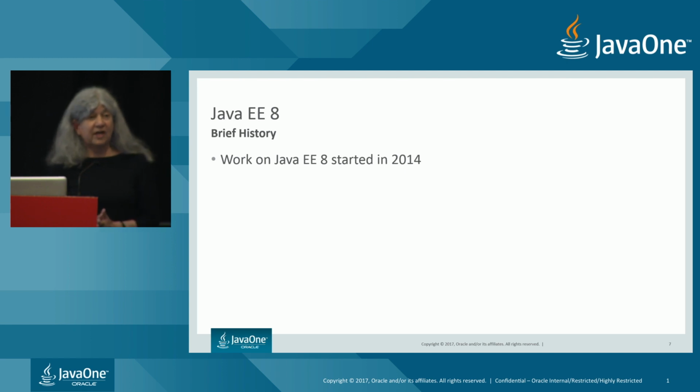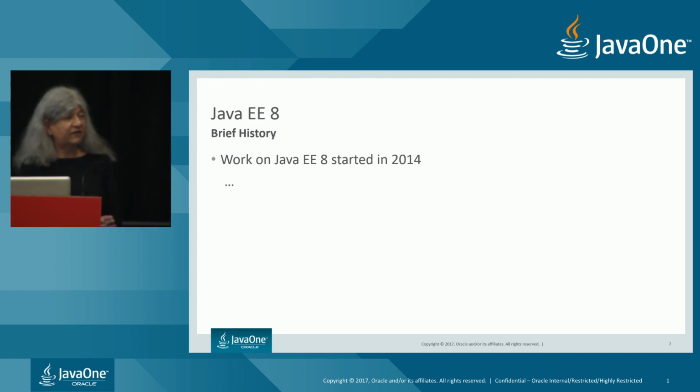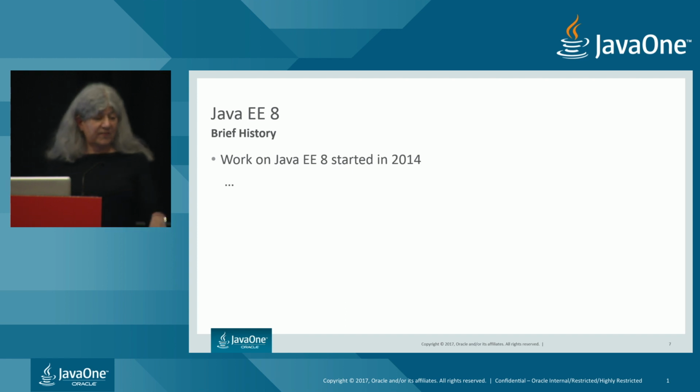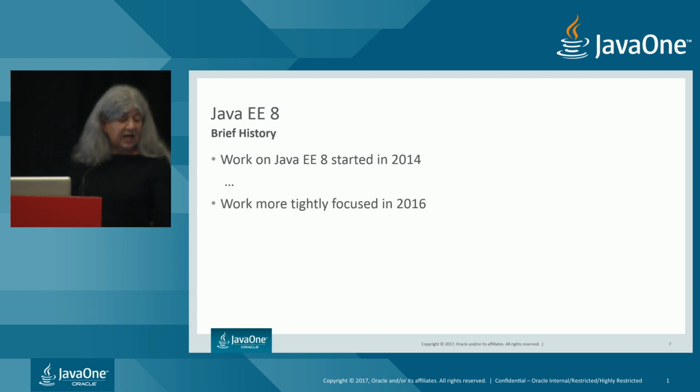So, quick overview of the history here. We started this work on this release when we filed JSRs back in 2014. Unfortunately, there was a period of hiatus, almost a year, as some of our spec leads got diverted to higher priority tasks internally, and it looked like we weren't making a whole lot of progress.